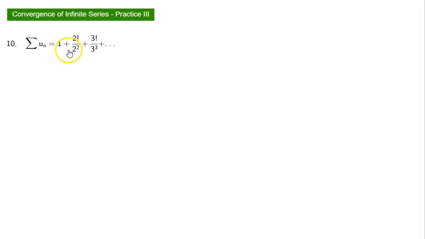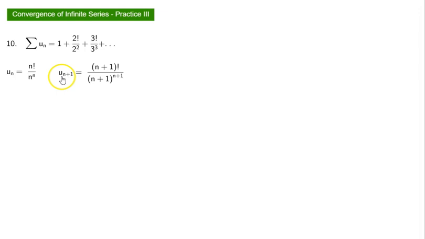The series is 1 plus 2 factorial by 2 square plus 3 factorial by 3 cube and so on. So let's see whether it converges or diverges. So our nth term u sub n is equal to n factorial by n to the power of n.